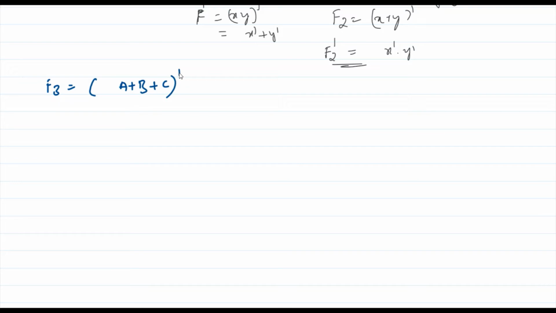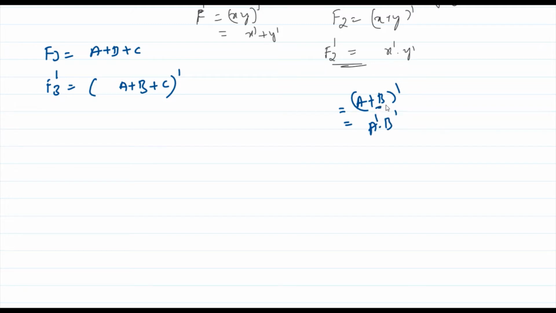What is the result here? As you know, if you apply De Morgan's theorem, if it is a plus b whole prime, it can be written as a prime dot b prime.